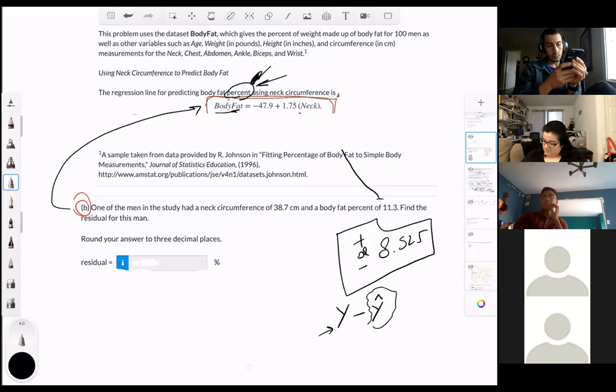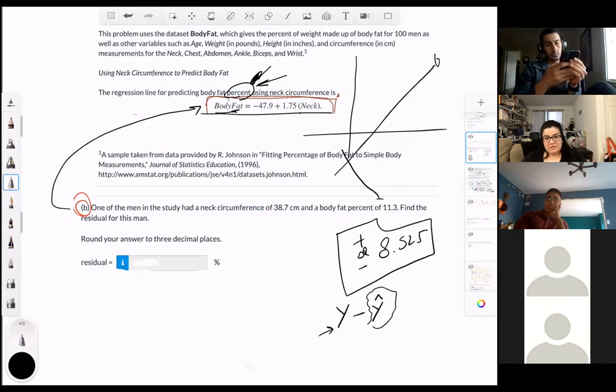We had the data, we graphed it, we came up with the best fit line, correct? Everything is done for us, and we have the line here. That's the line, for example. This is the y hat or body fat, correct? So we said any point on this line is a predicted value.